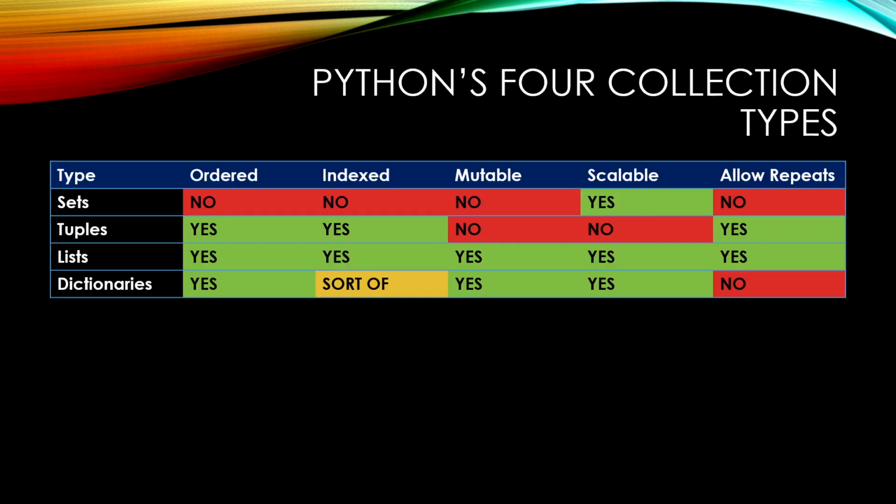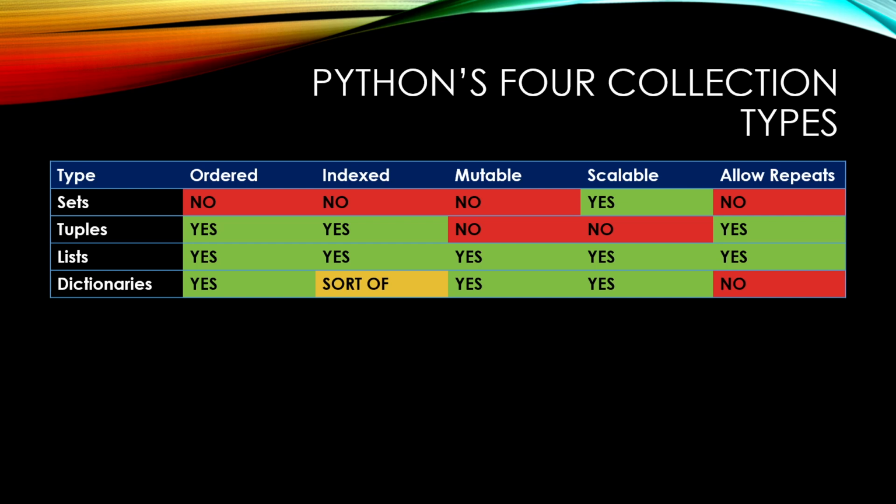So here's a little table that will help you to visualize what Python's different collection types can do. The first one we're going to look at is the set. This is distinct from the mathematical set, but the principles are still there. Looking at a set, it is not ordered, indexed, or mutable.